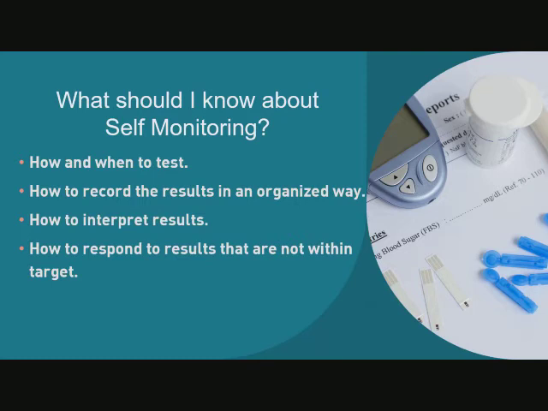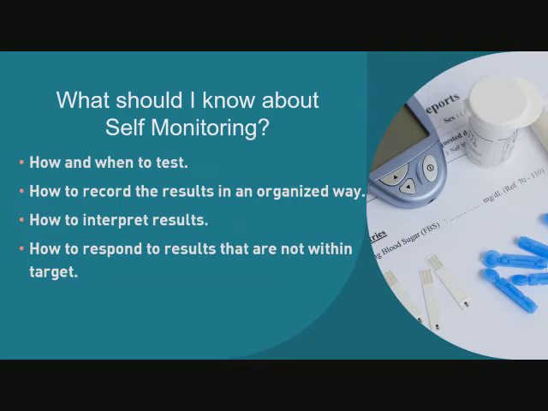Okay, and then you need to know how to record the results in an organized way. You need to have a notepad or an application on your mobile phone, keeping track, writing down all the results in a proper way that you can get back to later on, or you can show to the health professional. If you have an appointment, you can show it to him or her and discuss the results together.